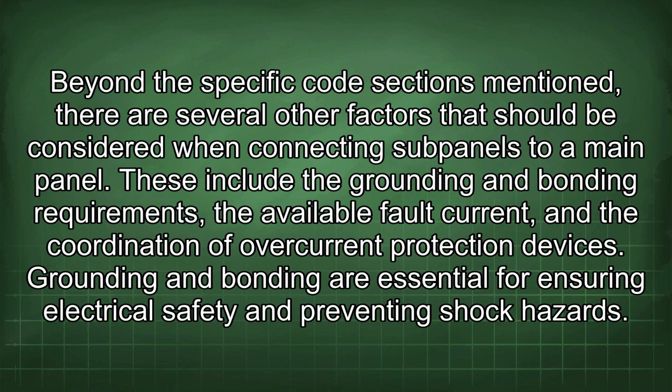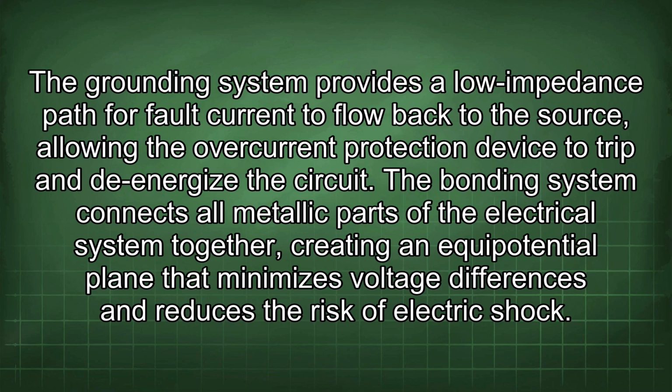Beyond the specific code sections mentioned, there are several other factors that should be considered when connecting subpanels to a main panel. These include the grounding and bonding requirements, the available fault current, and the coordination of overcurrent protection devices. Grounding and bonding are essential for ensuring electrical safety and preventing shock hazards. The grounding system provides a low impedance path for fault current to flow back to the source, allowing the overcurrent protection device to trip and de-energize the circuit.